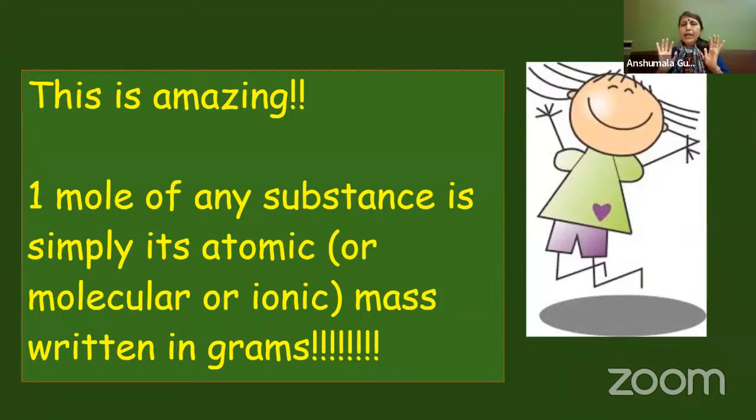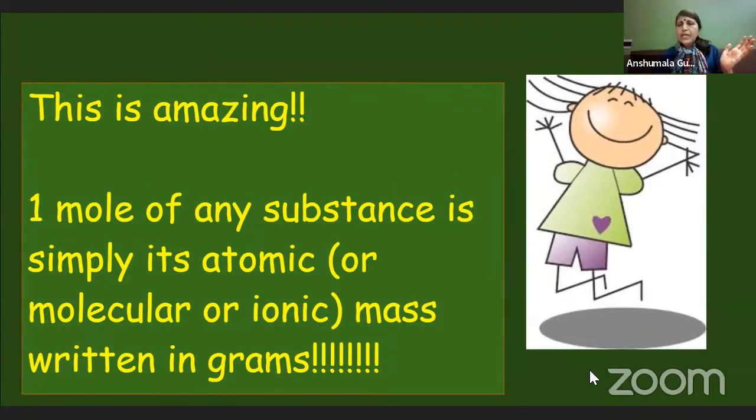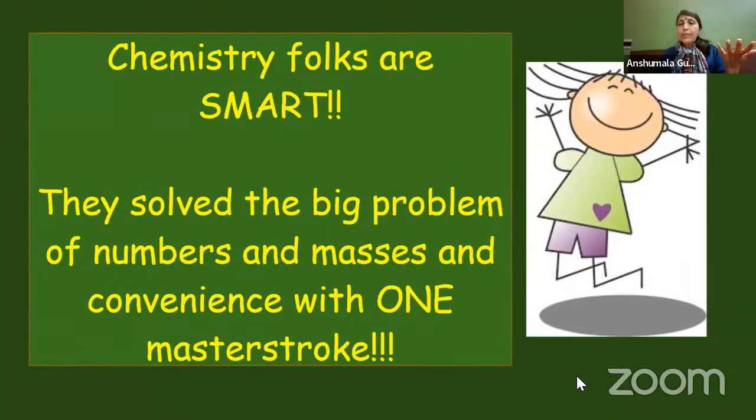So that way, just by taking the correct number, chemists have solved this whole problem of converting atomic weights and molecular weights into practical units, but also the whole problem of numbers and masses. Both have been solved.